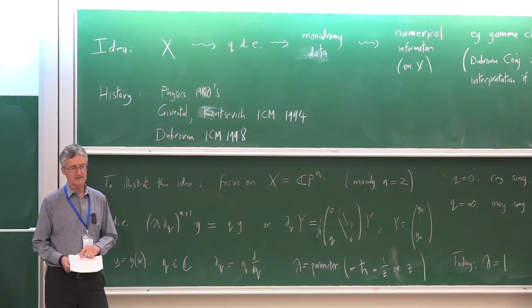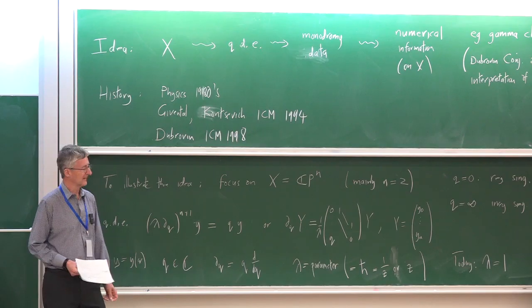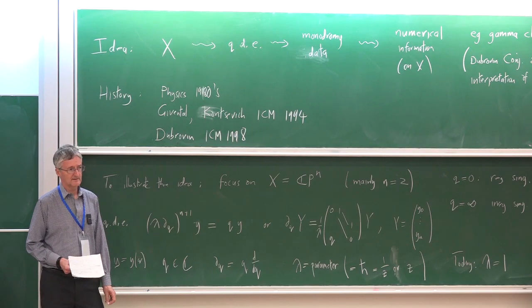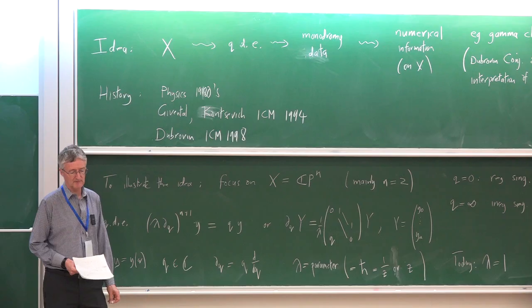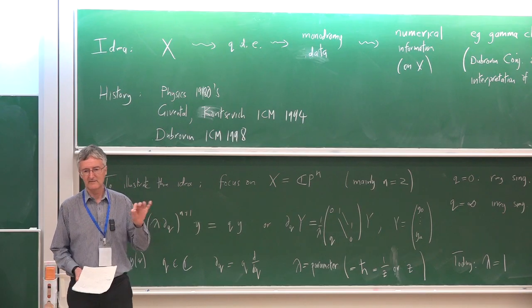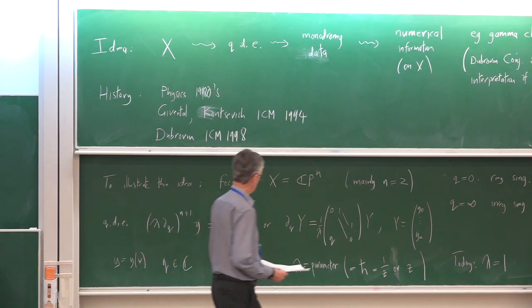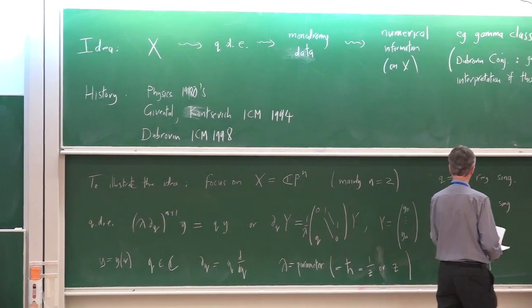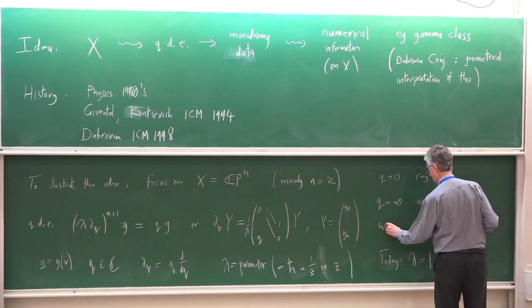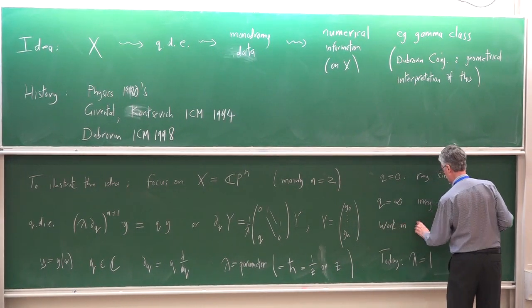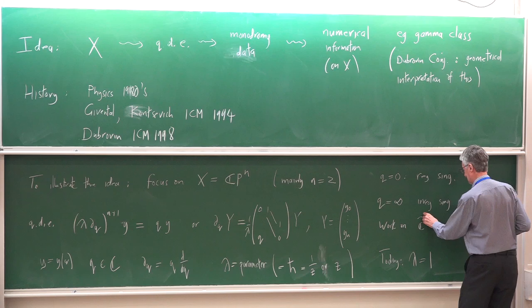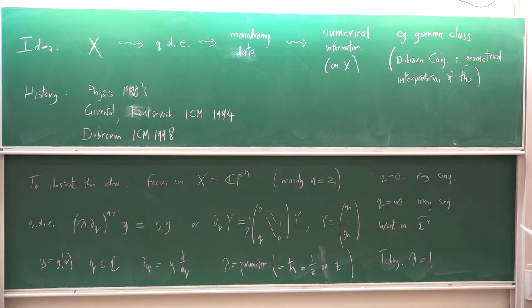So we are really working on C star, and the solutions, because they're multi-valued, are defined on the universal cover of C star. So we are really going to be working on the universal cover of C star some of the time.